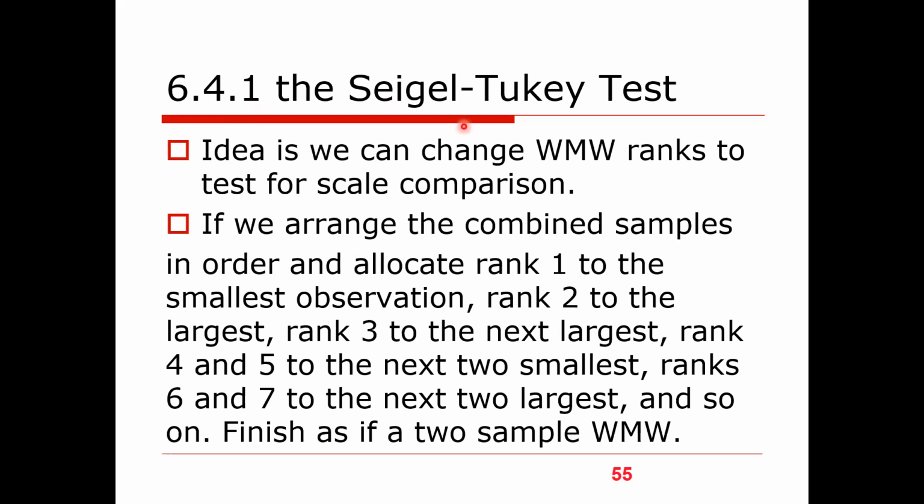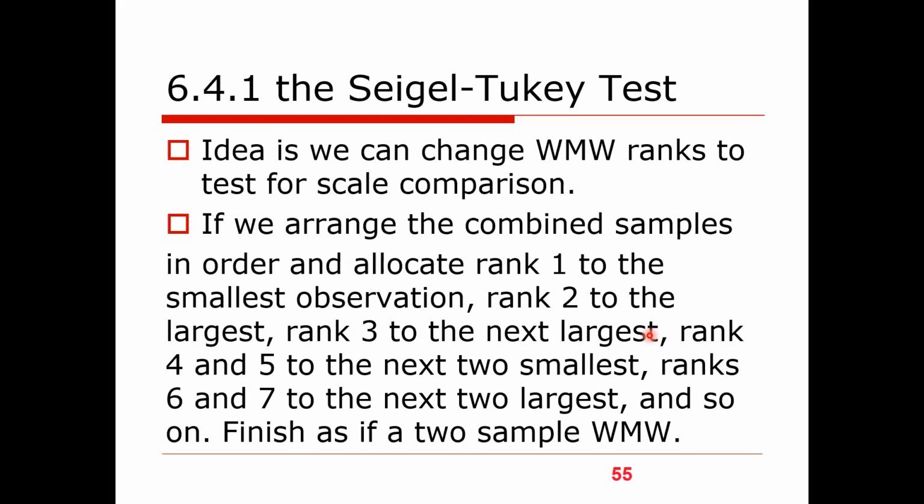So how does it work? We first combine the two samples again as one big sample, then arrange the joint ranks like this. We allocate rank 1 to the smallest observation of the combined big sample, and then rank 2 and rank 3 to the largest two observations.